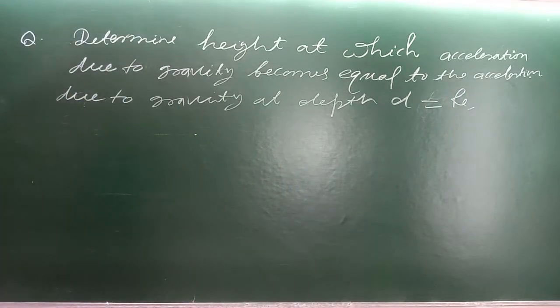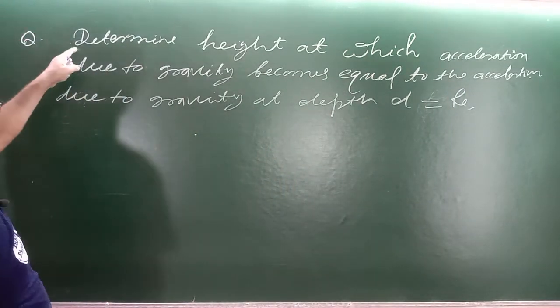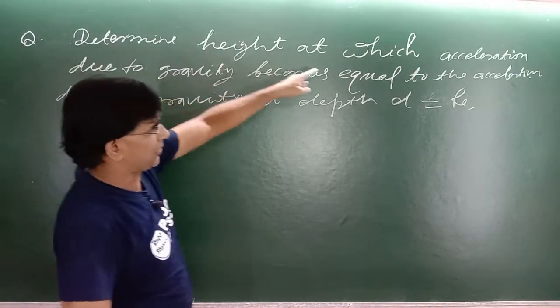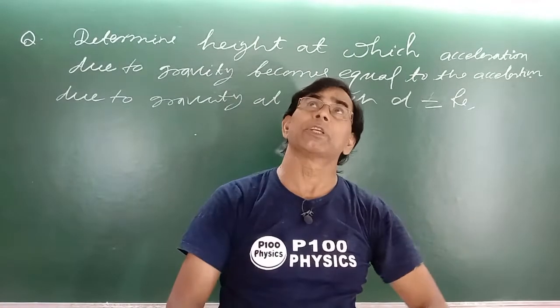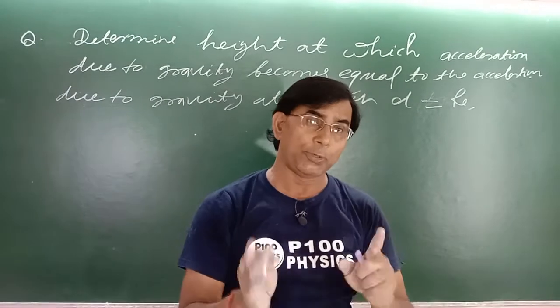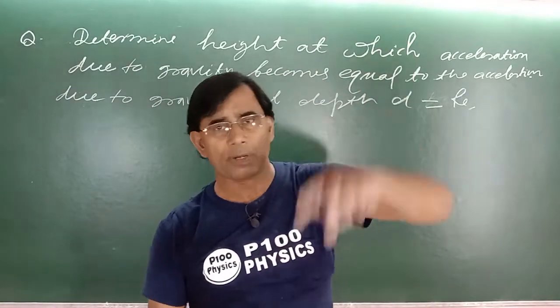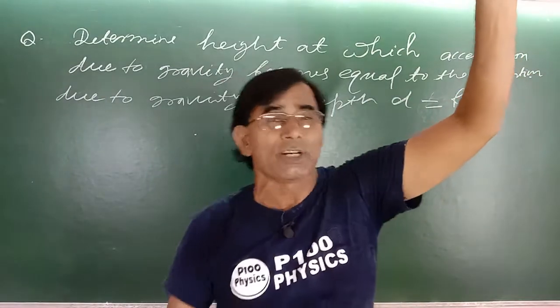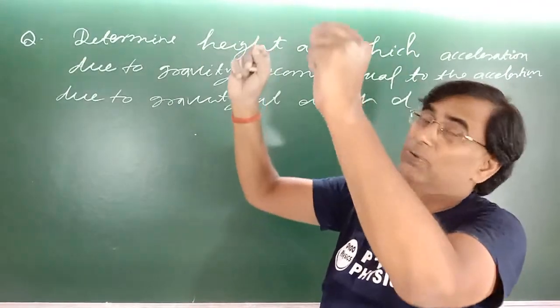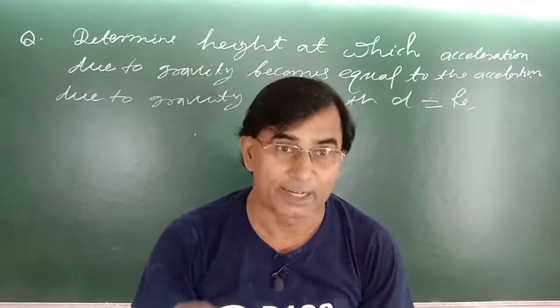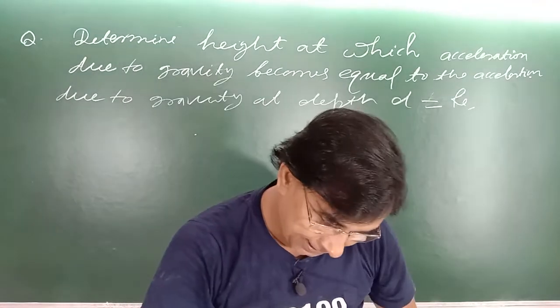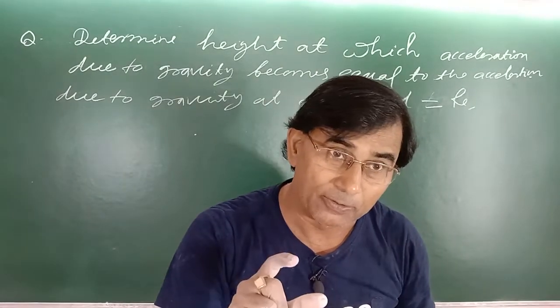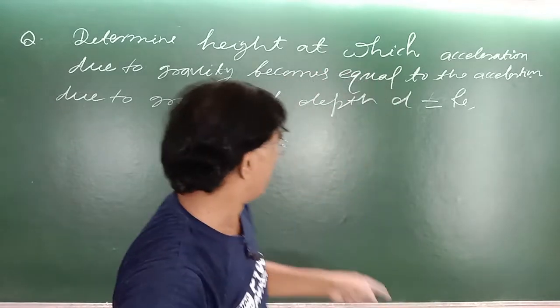This is a very fantastic question. Understand this question. You have to determine the height from the surface of the earth, at what height the acceleration due to gravity becomes just equal to the acceleration due to gravity at a depth d, where d equals Re.